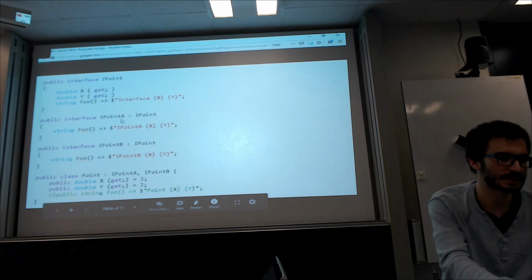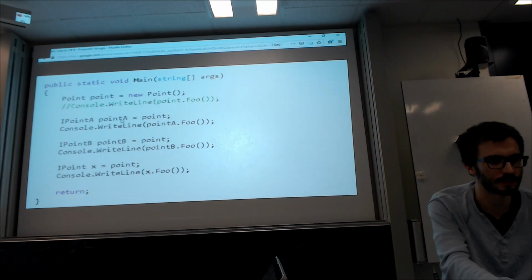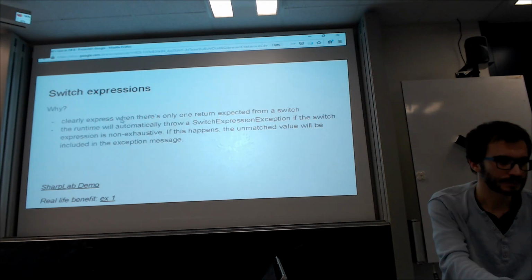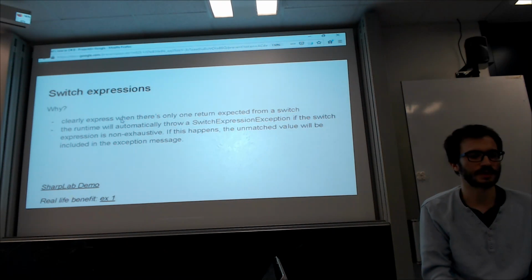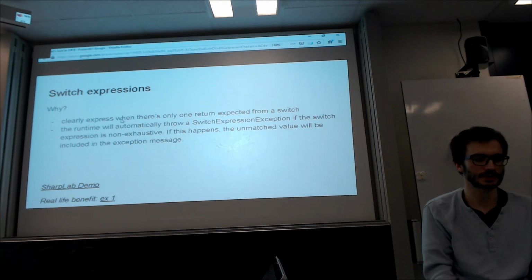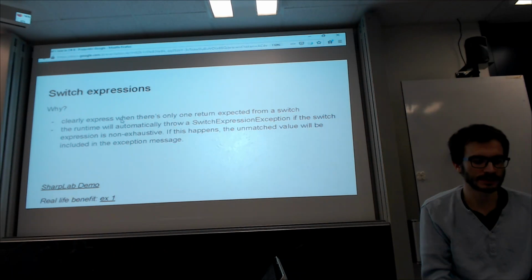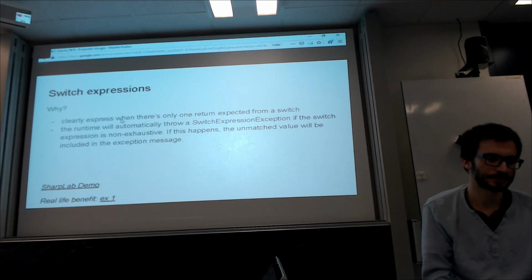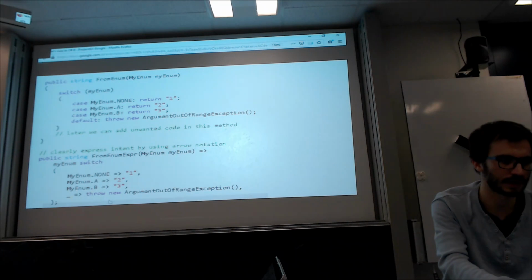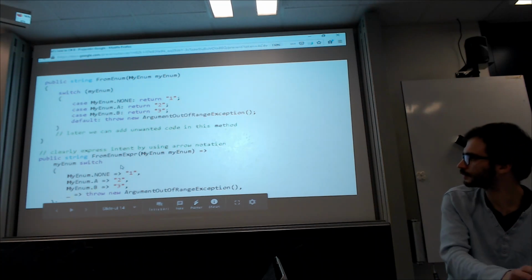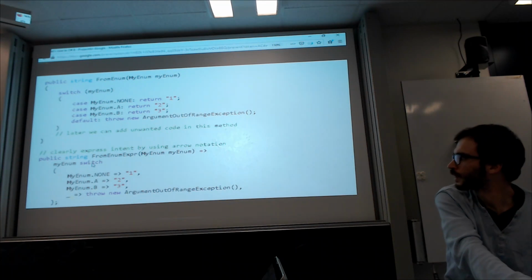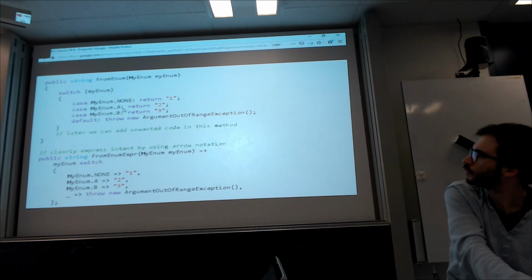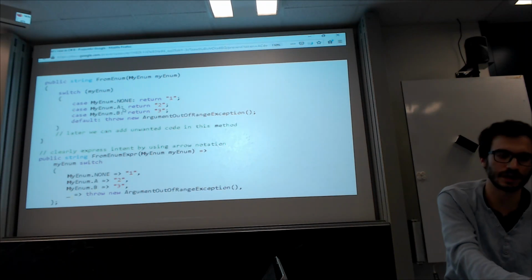So that's, let's say, the basics of default interface members. The next C# 8 feature is switch expressions, which basically look like this. It's just an expression with a single return value, and the two methods are equivalent.